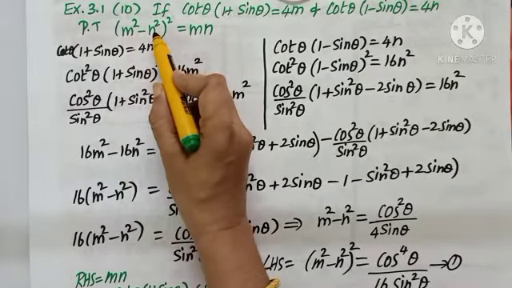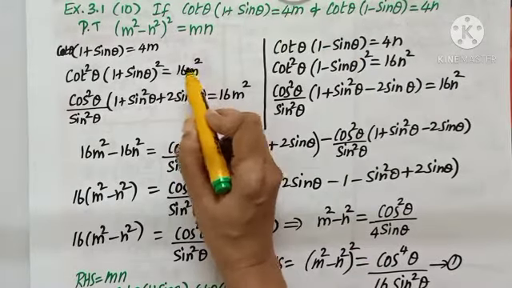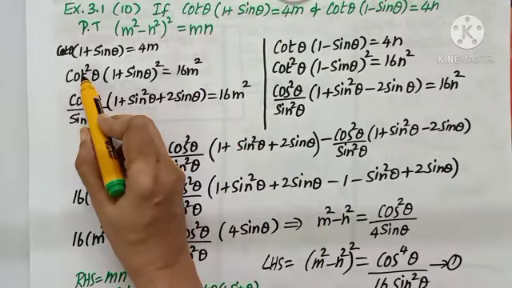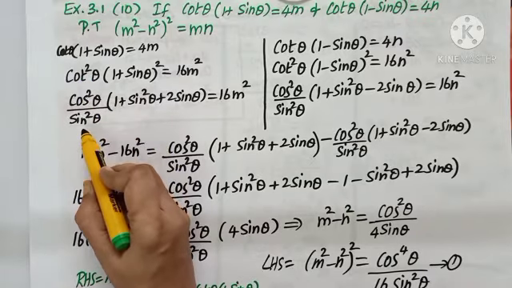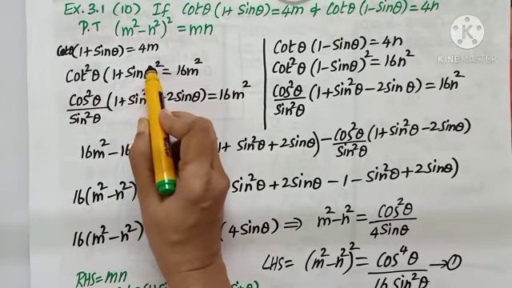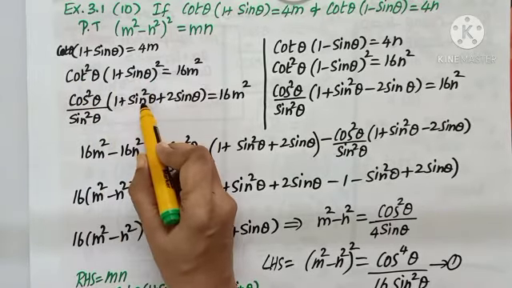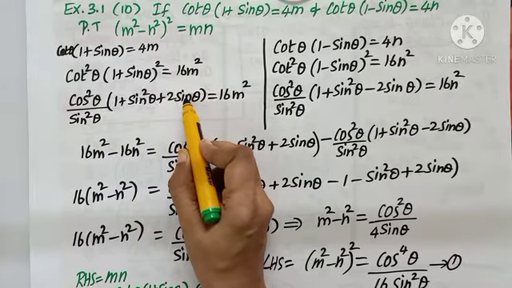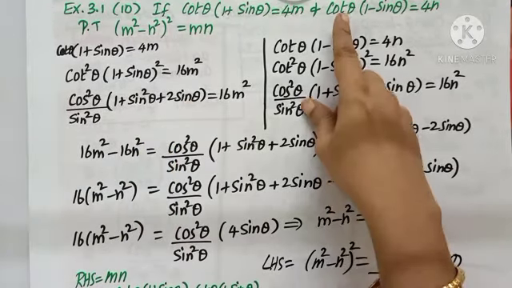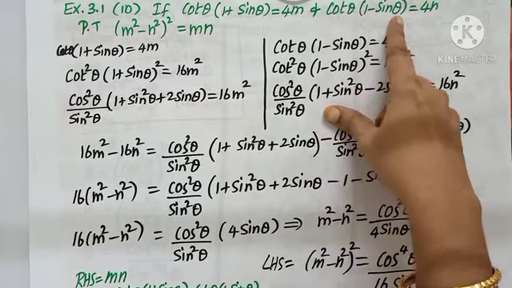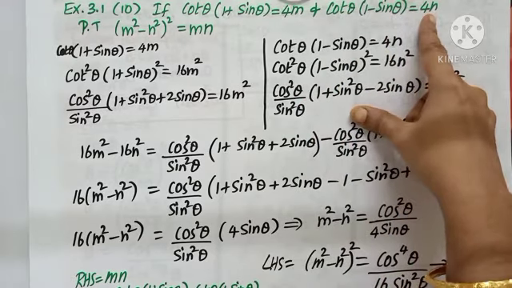Cot will become cot square. 1 plus sin theta the whole square. 4m will become 16m square. Cot square can be written as cos square by sin square. A plus b the whole square is a square plus b square plus 2ab. The second result, cot theta into 1 minus sin theta is 4n.